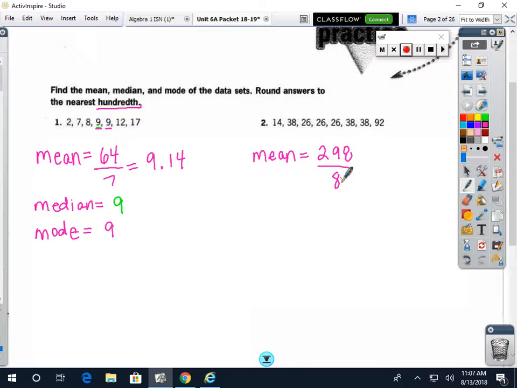You need to go and be thinking about that for later for median. And what is 298 divided by 8? 37.25. Okay? And that one terminates to the hundredths place. So you don't have to worry about rounding because it stops at the hundredths place. Okay. All right, median.